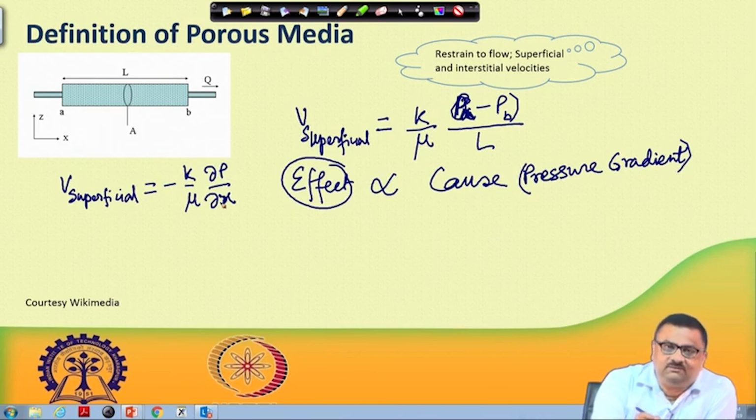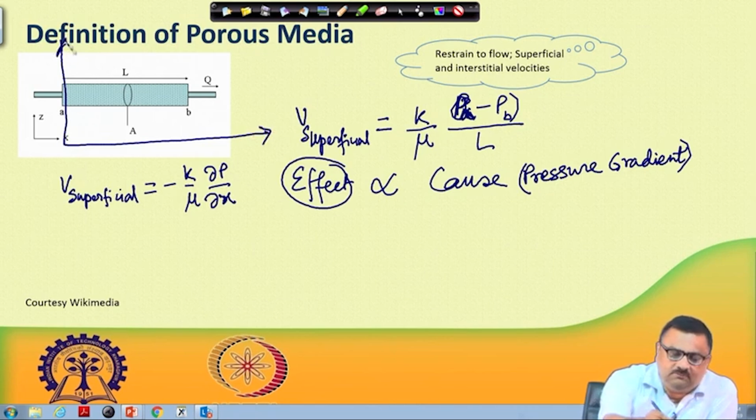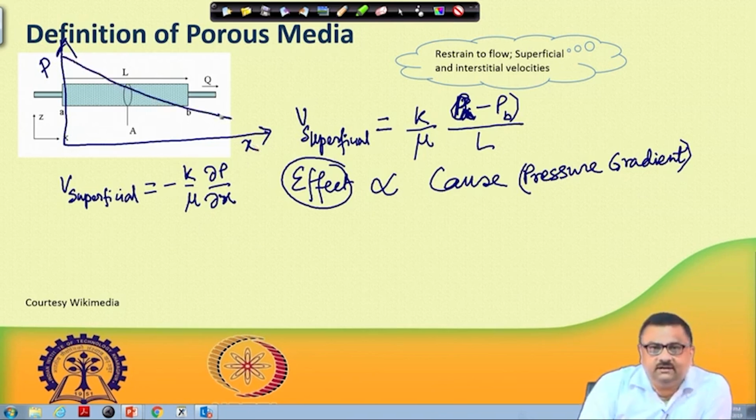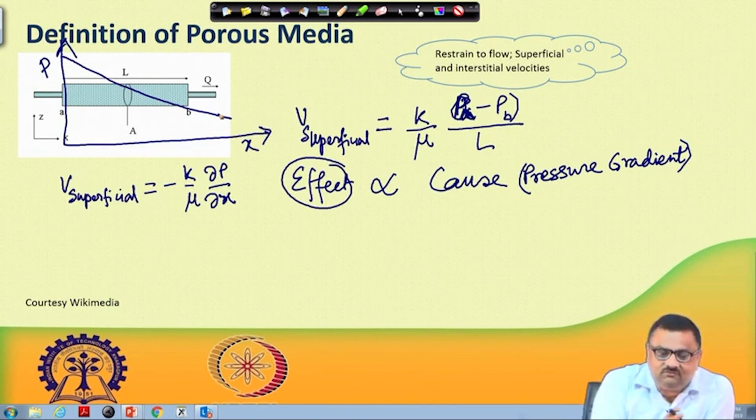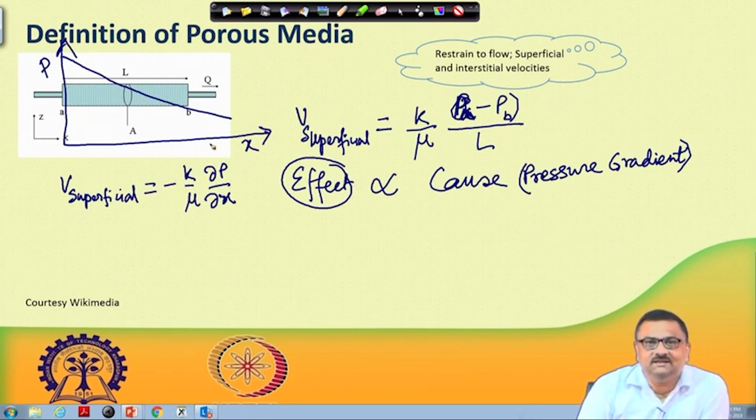When a flow takes place and I plot pressure versus distance x, the pressure will decrease, because flow takes place from high pressure to low pressure. Pressure decreases from inlet to outlet, so the slope of this line, del P del x, is itself negative, but the velocity in the x direction is positive. So one needs to have this minus sign.